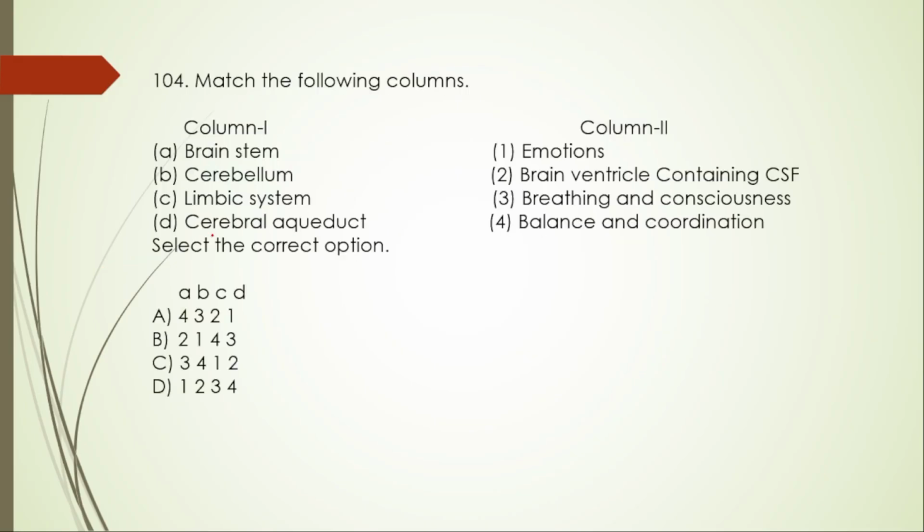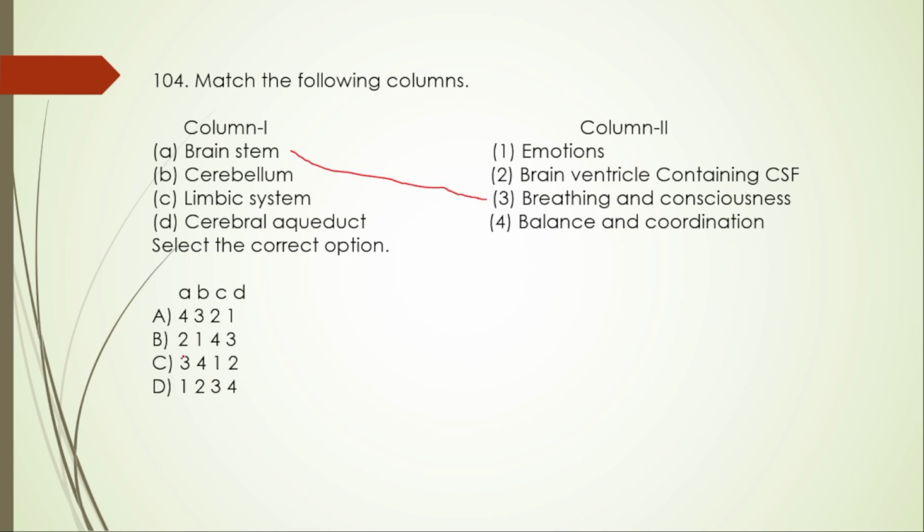Next, 104. Match column 1 with column 2. Column 1, that is brainstem. It controls automatic functions like breathing and consciousness. So A is 3.